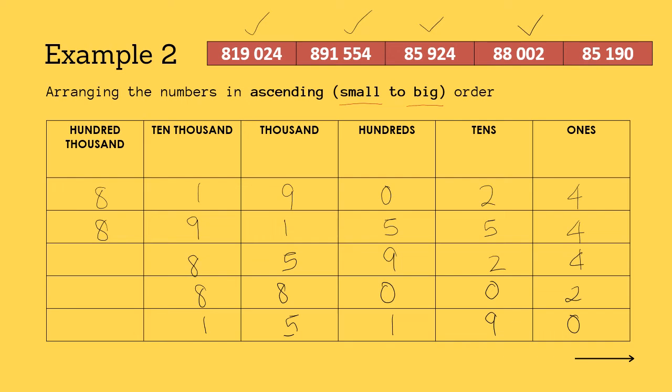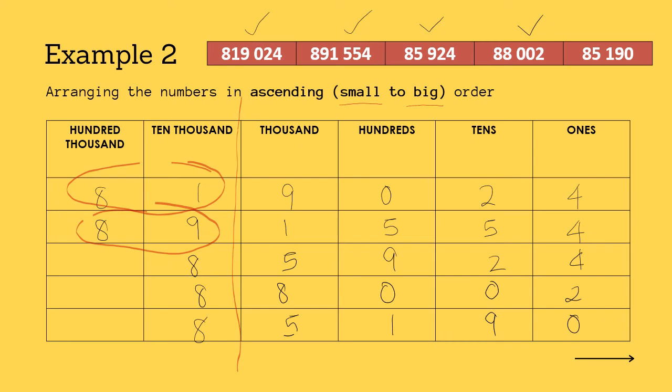Next, moving on to the next place value, which is 10,000. So we're going to compare the numbers here. We have 81, 89, 8, 8, and 1. Hold on, I see my mistake there. That should be 8 right there. There we go.